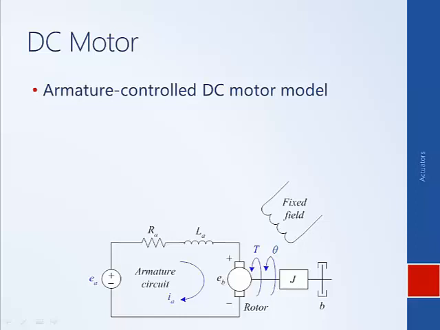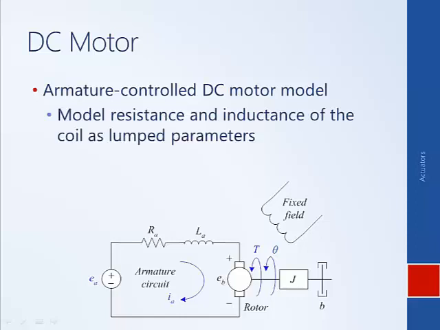In order to generate this mathematical model, we need to make some simplifying assumptions. One simplification is to employ a lumped parameter model. This circuit represents the armature, or the rotor, of the motor. As you recall, physically it's a coil of many windings of wire.